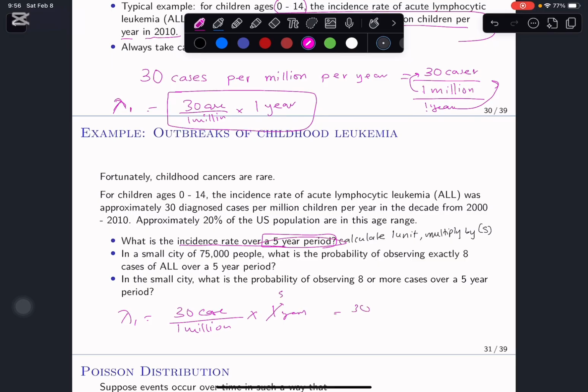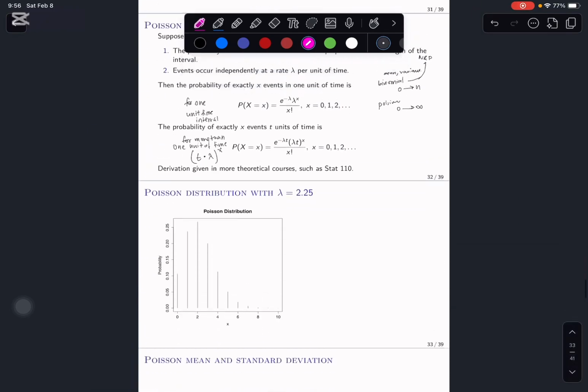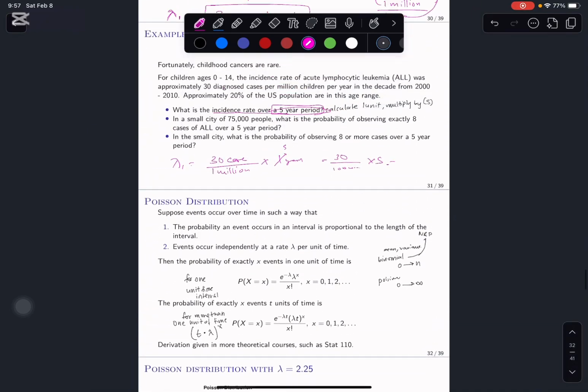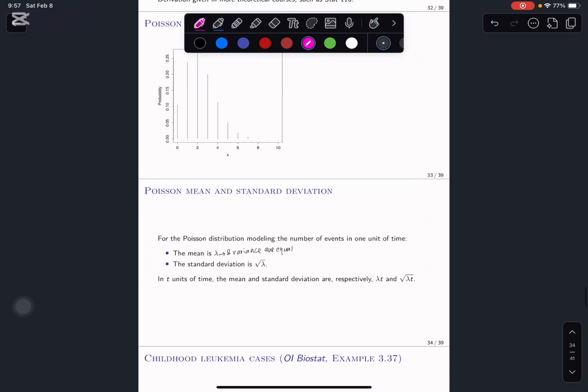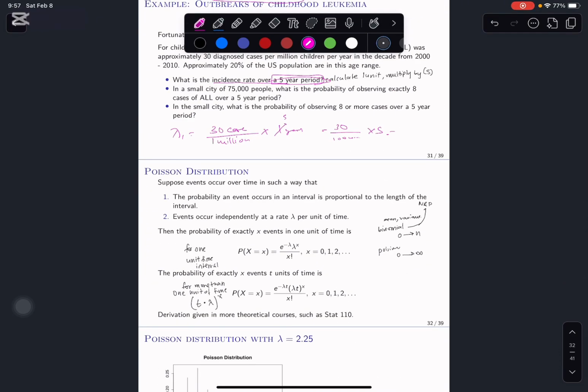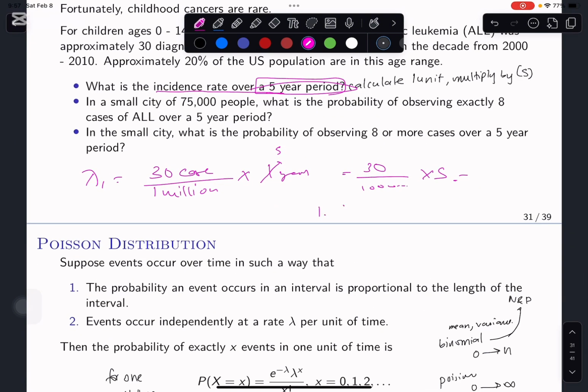So it's gonna be 30 over 1 million times 5, and you get a value. The value you get is 1.5 times 10 to the minus 4. So this is the incidence rate of 5 years.